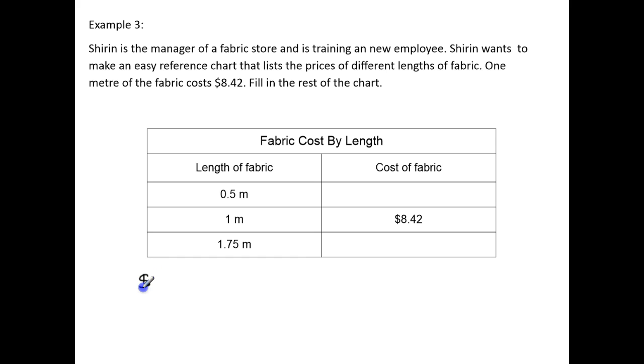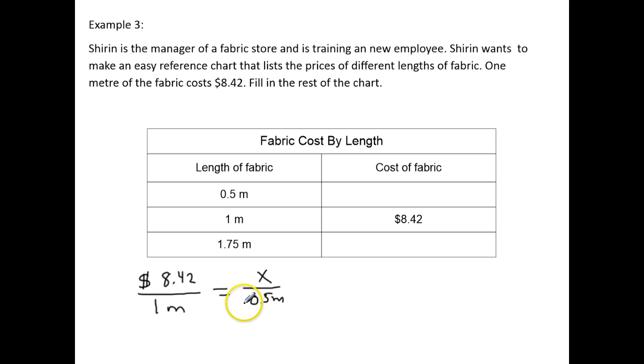And again, here we're going with $8.42 for 1 meter. We put that equal to half a meter, and we're looking for the price for half a meter. Notice they match across the top and across the bottom.